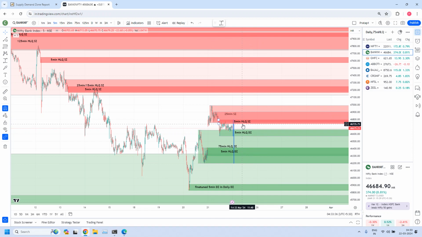But the best trading possibilities I am telling, in case institutions are holding this 5 minutes high liquidity zone, let us assume you may get this opportunity, trading range tomorrow. This is the maximum. Whatever I am showing is maximum. A maximum of 770 points opportunity you get here.